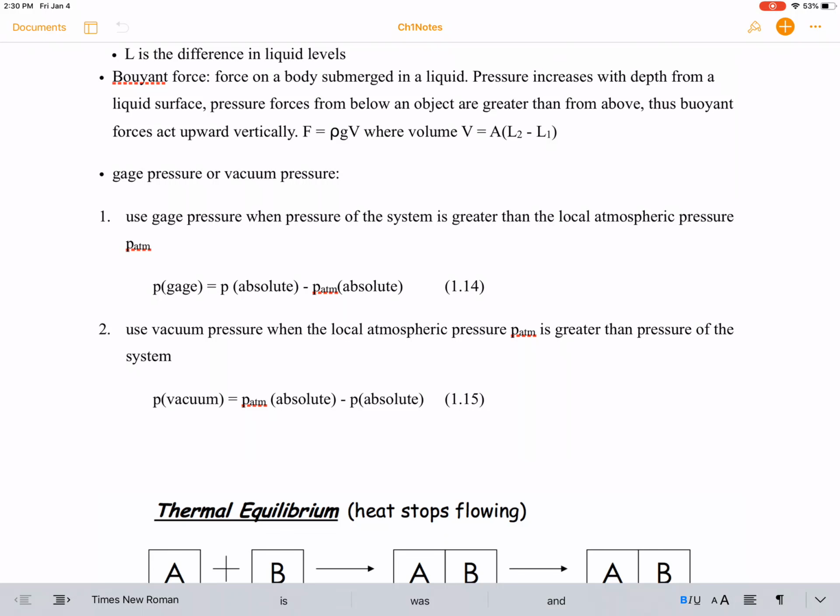We use vacuum pressure when the local atmospheric pressure is greater than the pressure of the system. So the vacuum pressure equals the atmospheric pressure minus the absolute pressure. So these should just be positive. Dependent on which one is bigger, we use one or the other of these two.